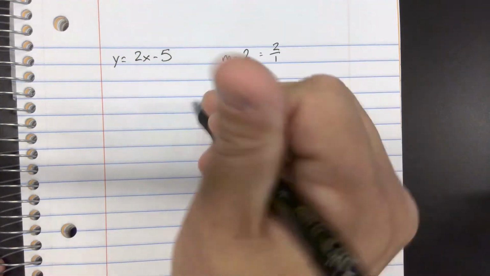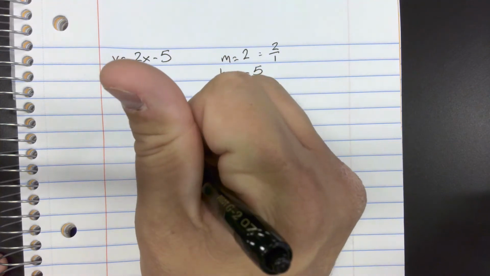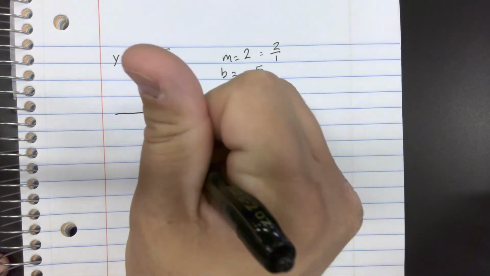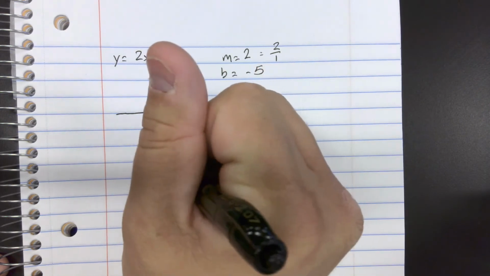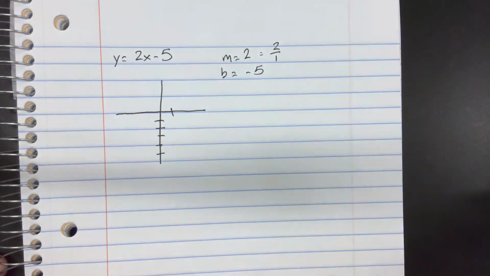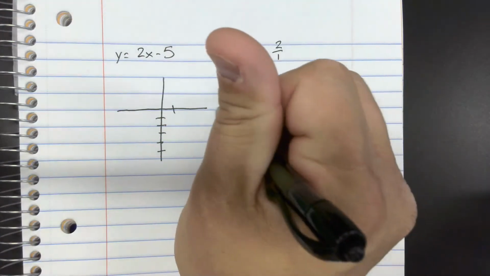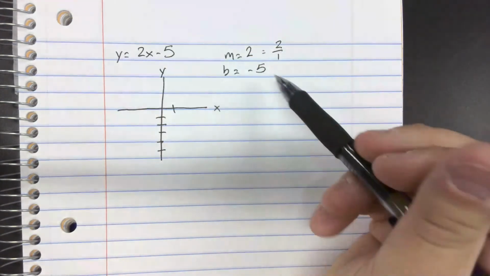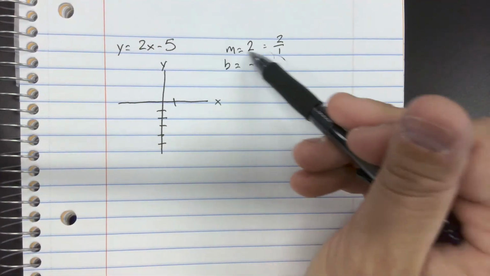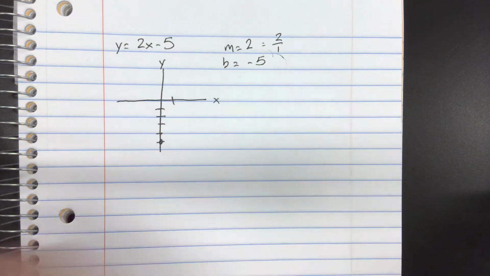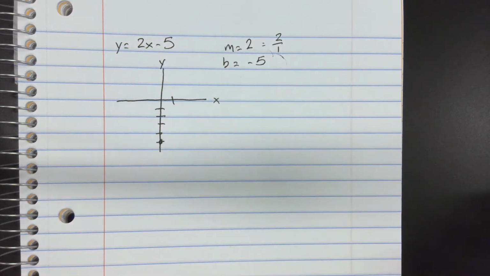So here we go. Here's our graph. If we have a graph like this, this is our x-axis, this is our y. First thing is we're going to plot our y-intercept. Our y-intercept is b. So we're going to come down here and put a dot on our y-axis.